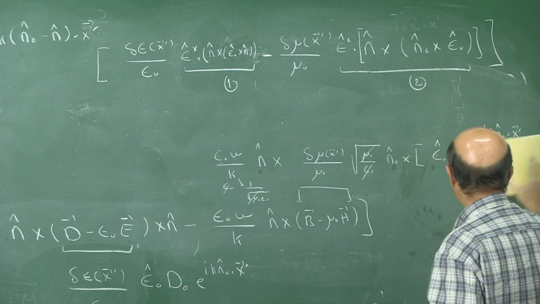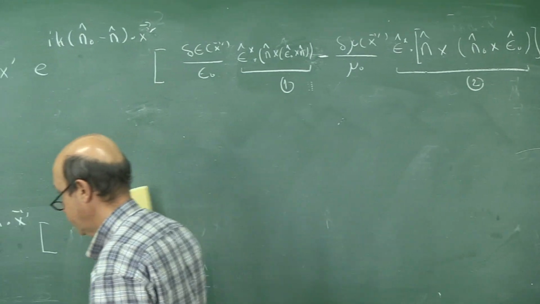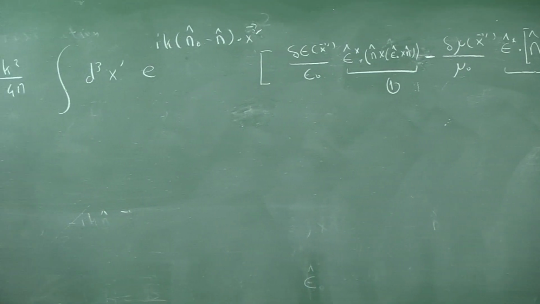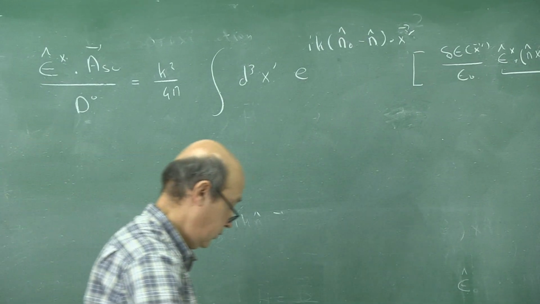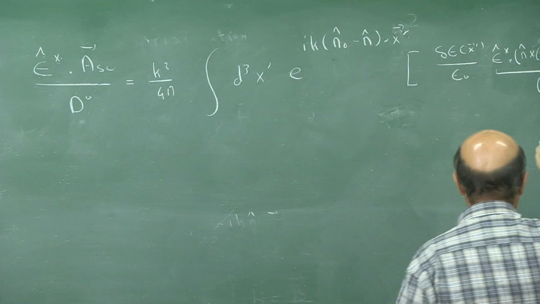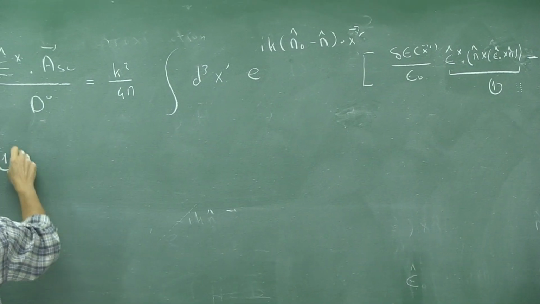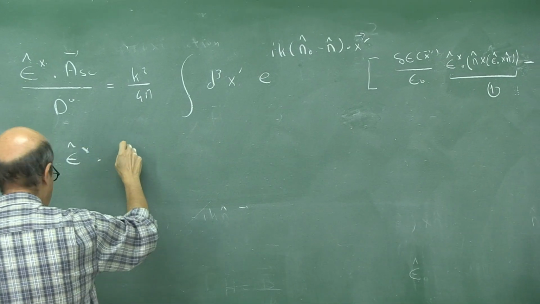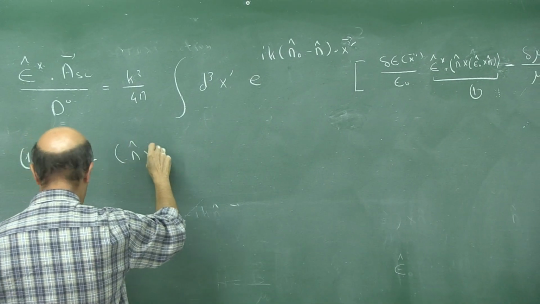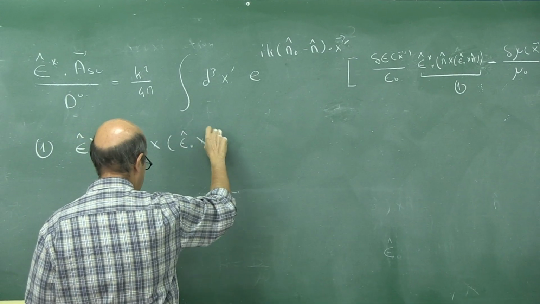So let us evaluate these cross products with dotted terms. So the first term will be what? The first term is epsilon complex conjugate dot n cross epsilon 0 cross n.